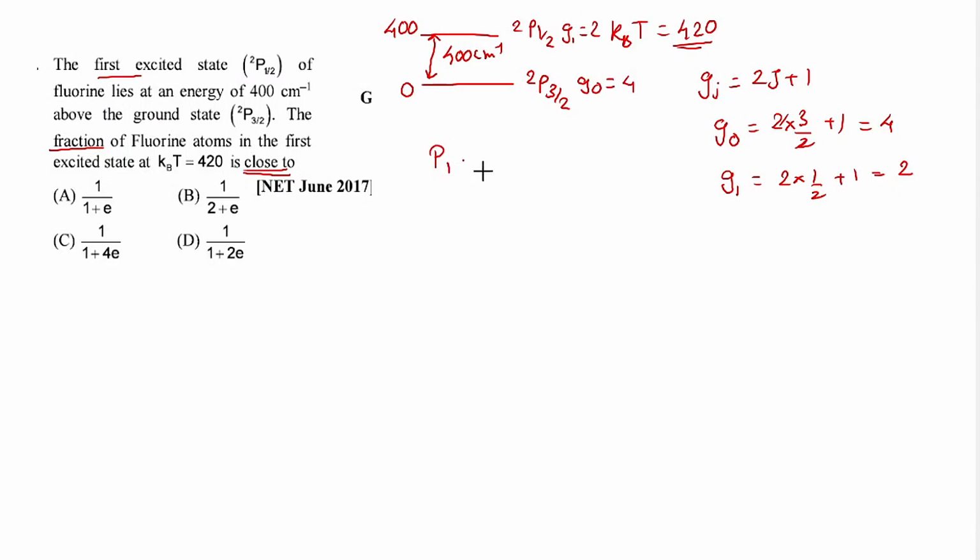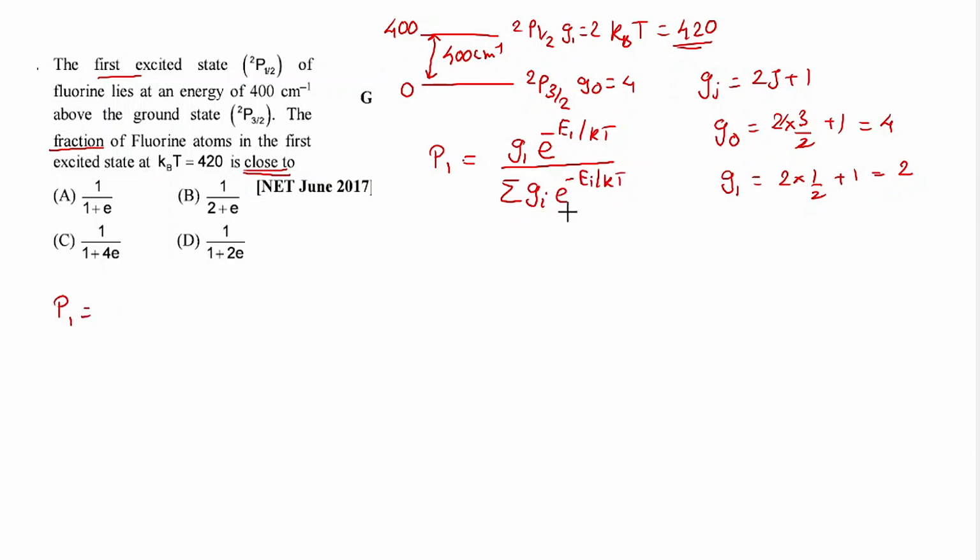So for the fraction of molecules, P1 is written as G1 e raised to minus E1 upon KT, upon the summation of Gi e raised to minus Ei upon KT. So this is basically our partition function.